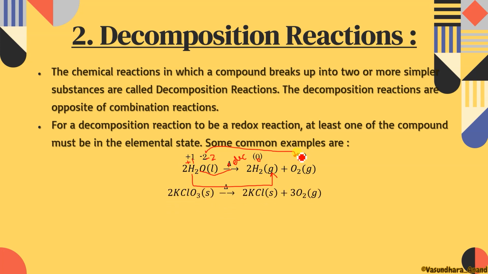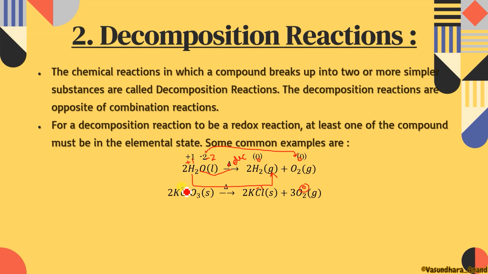Other thing, if you take KClO3 in presence of heat, this is thermal decomposition, then it will give you KCl and 3O2. As I said, one product must be in the elemental state. So if it is in elemental state, we say 0, isn't it? And here chlorine is in -1. Just check the oxidation state of chlorine over here.